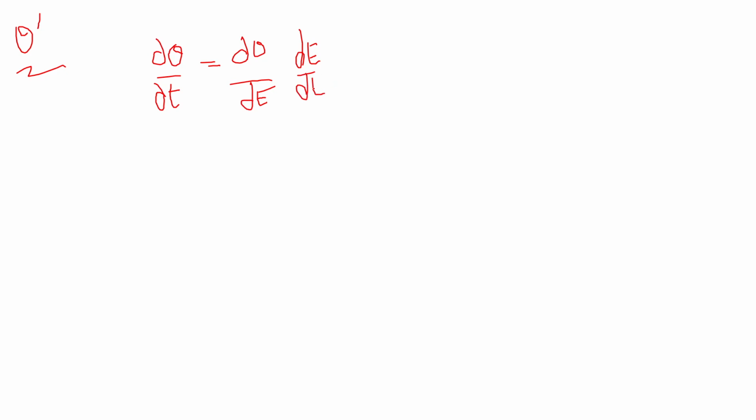This is basically mathematics; I've just written that as two separate steps. d theta by dt is nothing but dou theta by dou E into dou E by dou t. It's this dou theta by dou E that we want, which is theta dash.